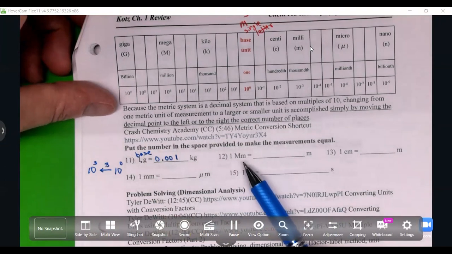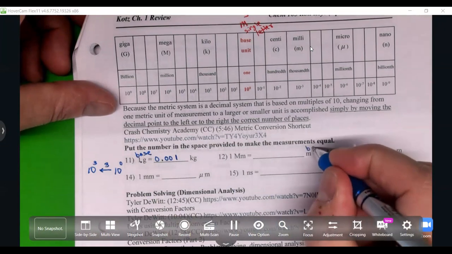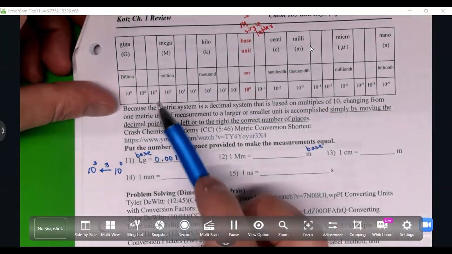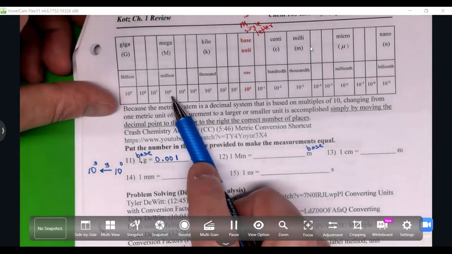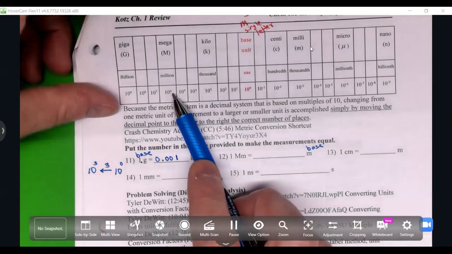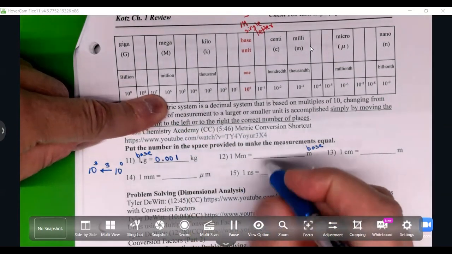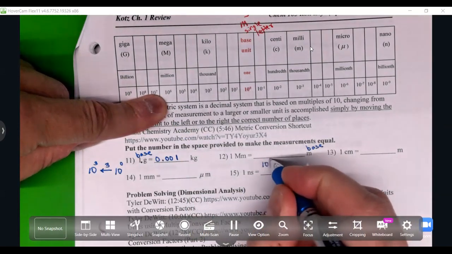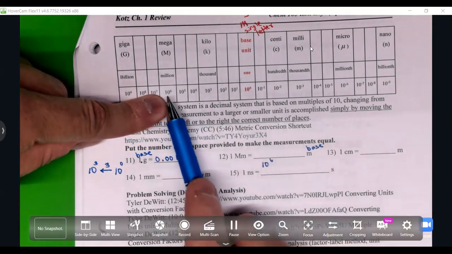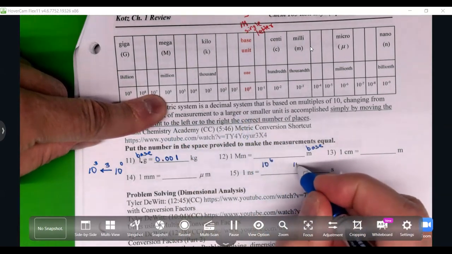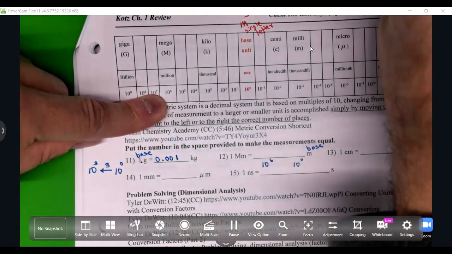Number 12, I've got 1 megameter going to my base. Megameter, right here. 10 to the 6th. I need to start at 10 to the 6th. I need to go to the right to get to my base, which is 10 to the 0.